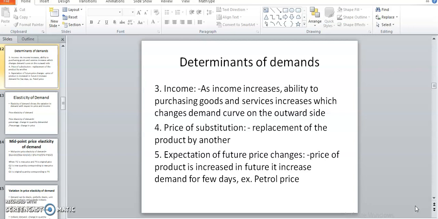So a future increase in price changes the demand for a particular product for a short period of time. These determinants shift this demand curve toward the right or toward the left.